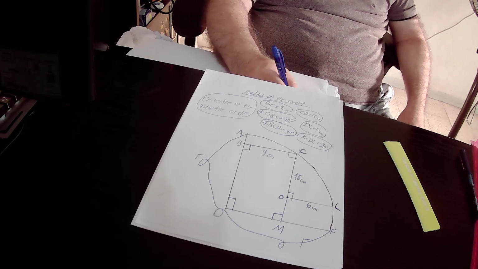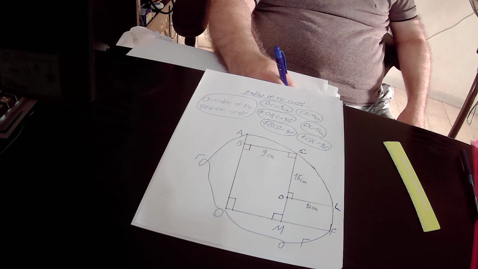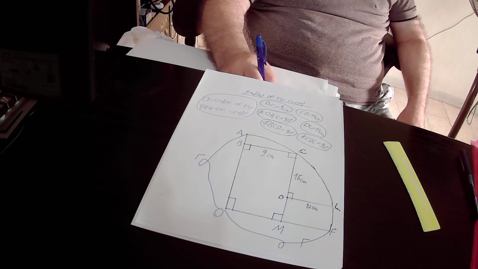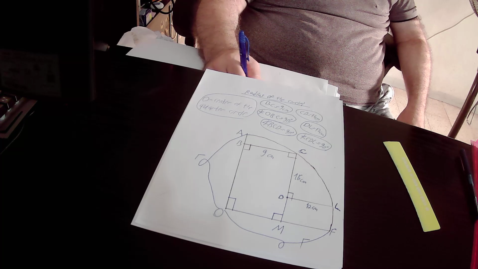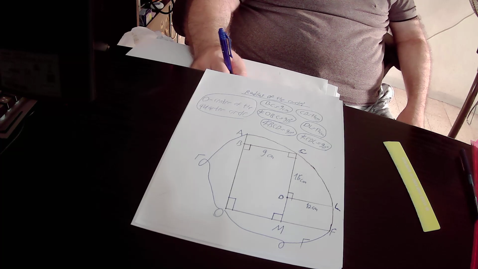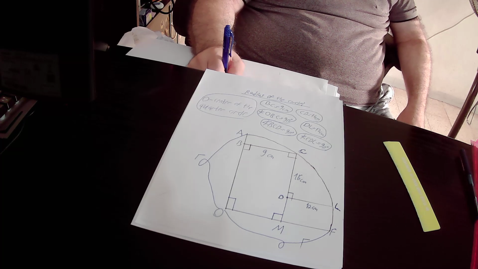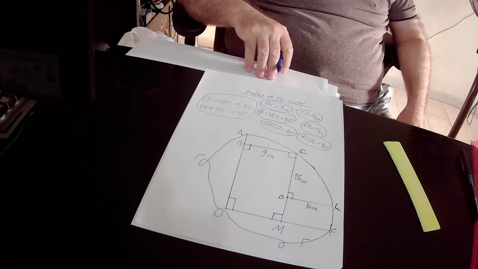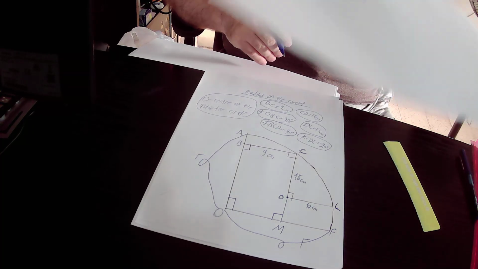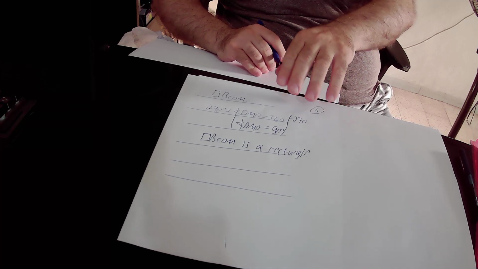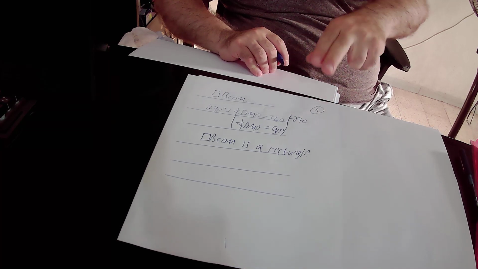We write it down, quadrilateral BCOM is a rectangle.